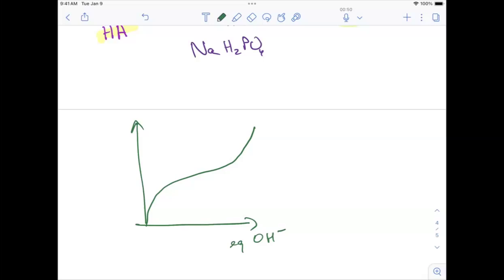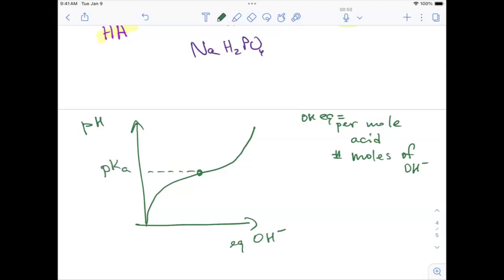That just means, per mole of some kind of acid, the number of moles of hydroxide, OH minus, right? So that's what the OH equivalent is.